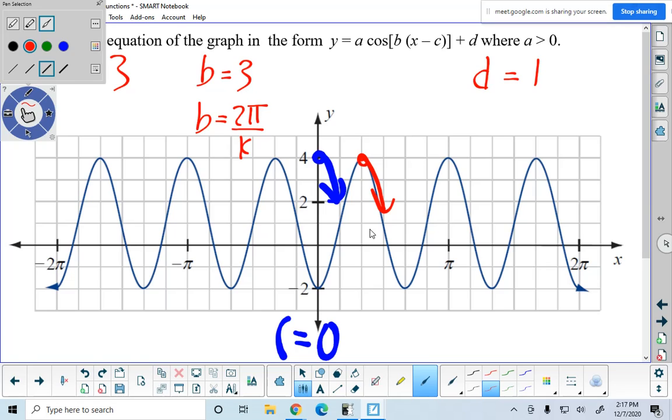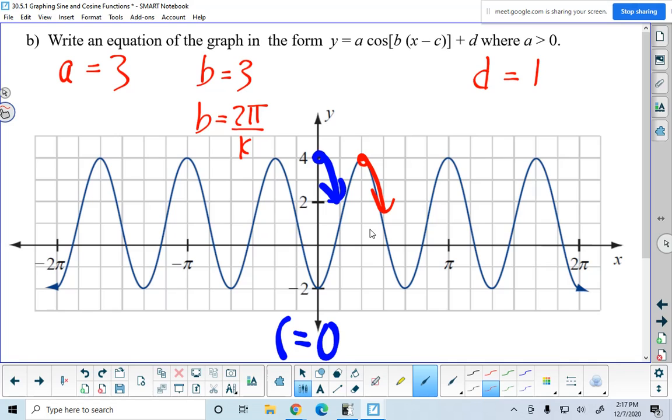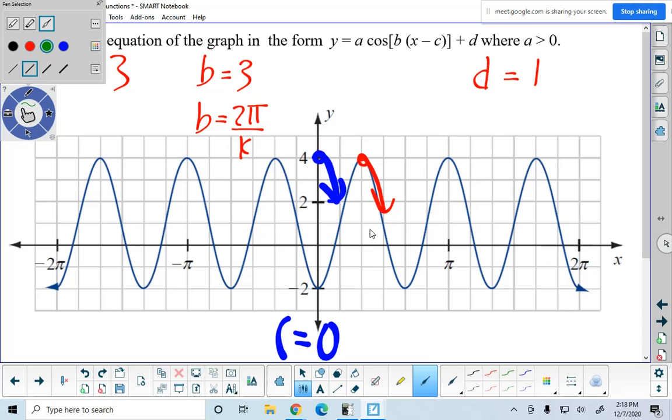Well, this time we have to shift it 2 pi over 6, or pi over 3. 1 pi over 3, 2 pi over 3, 3 pi over 3.